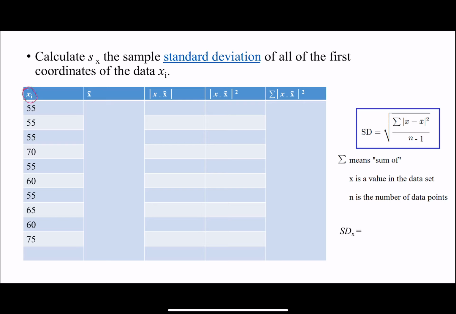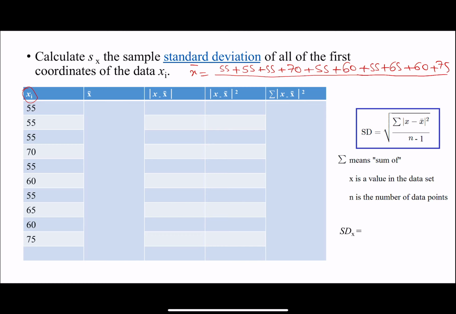To find the mean value, we add all the items and then divide by the number of items that we have. So the mean value is the sum of all the data items: 55 plus 55 plus 55 plus 70 plus 55 plus 60 plus 55, next one is 65 plus 60 plus 75. 1, 2, 3, 4, 5, 6, 7, 8, 9, 10.